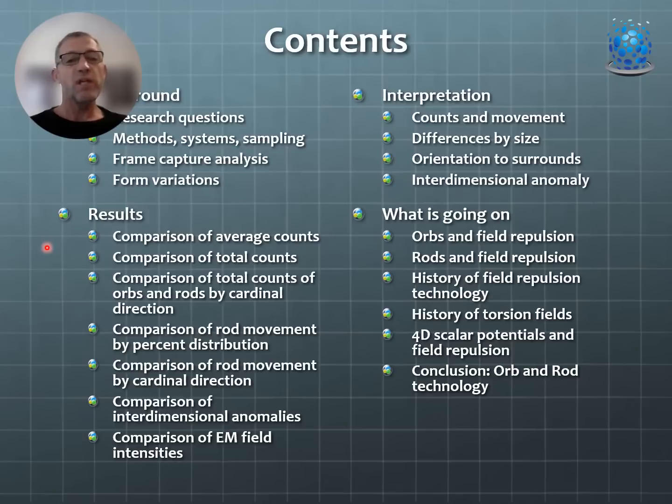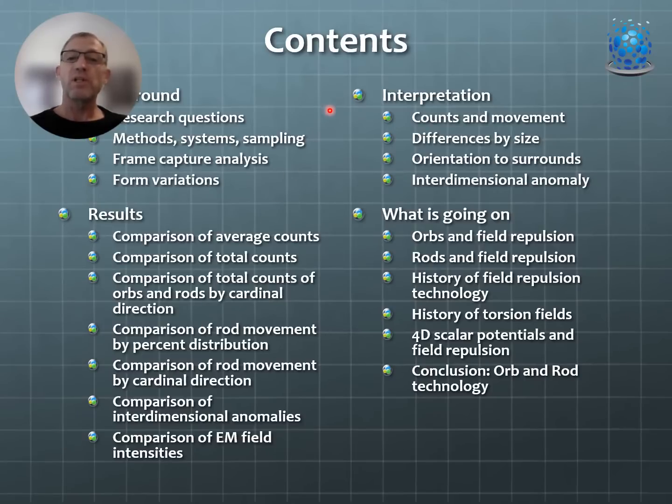So what we do is we compare all our research results and analysis over the last couple of years across 5 site trips and look at average counts, total counts, comparison by cardinal direction, rod movement by percent distribution and cardinal direction. And we also look at the interdimensional anomaly and compare the two results for that, and of course electromagnetic field intensity comparisons.